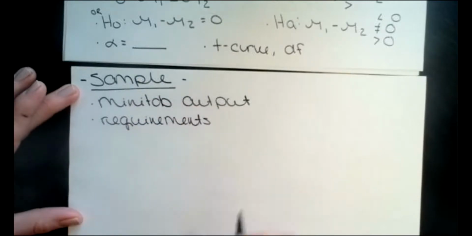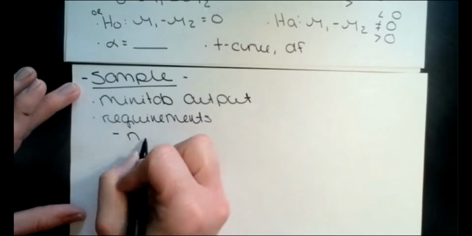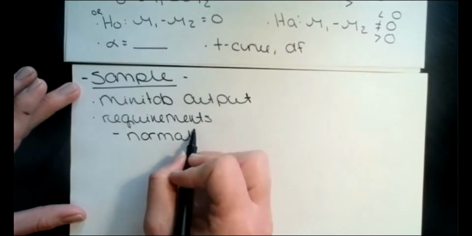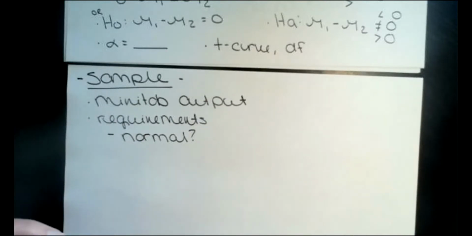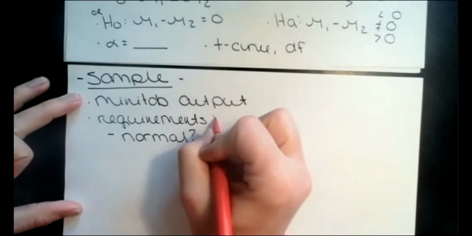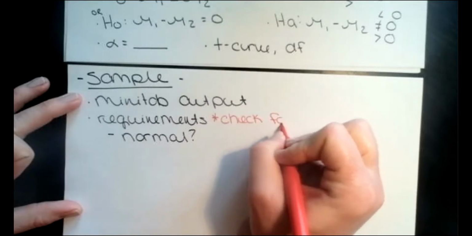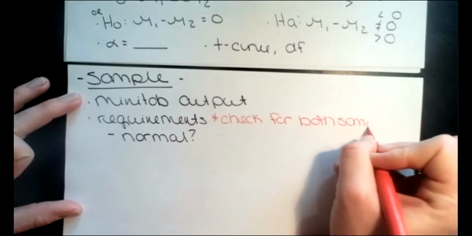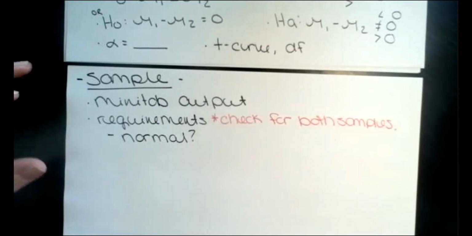So for my requirements, we're going to check these. The first one is I'm going to check for normal. And I need to check for both. So individually, you're going to check for normality for both.